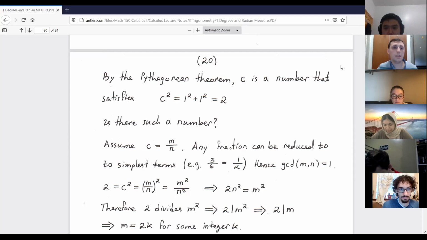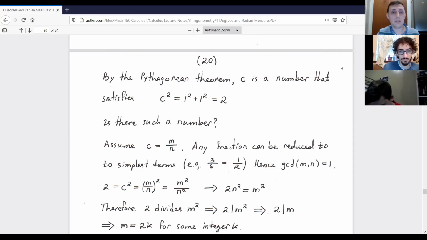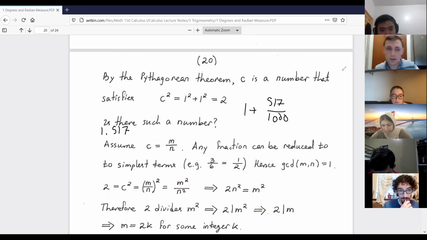What is, for instance, 1.517? This is the same as 1 plus 517 over 1000, which is a fraction. So no matter how many digits you have, your calculator is giving you a fraction, correct? So when you ask what's √2, you're getting a fraction.